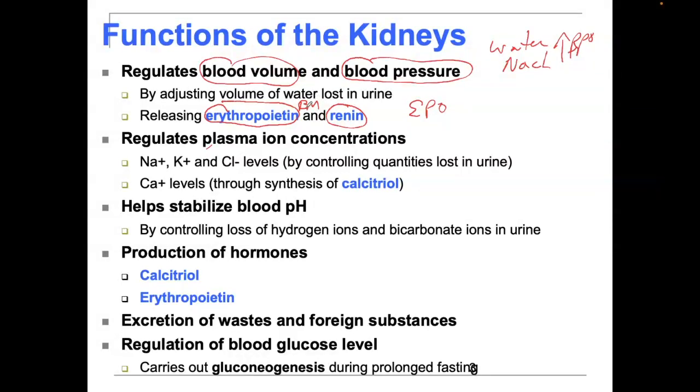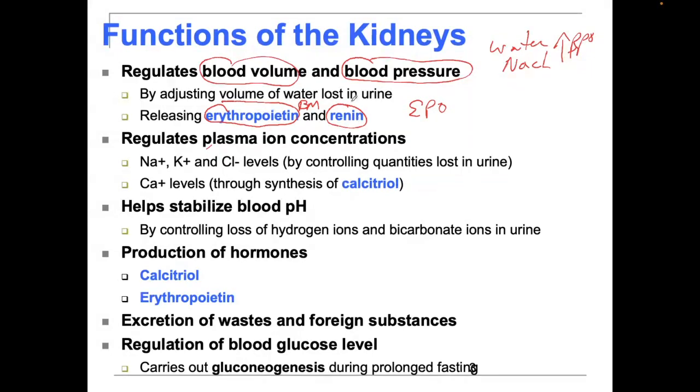And what happens in the bone marrow? Well, that's where red blood cells are produced. It's called erythropoiesis, meaning red blood cell production, and it is stimulated by erythropoietin. Erythropoietin creates erythropoiesis. You increase red blood cells, you increase blood volume, and you can increase blood pressure.